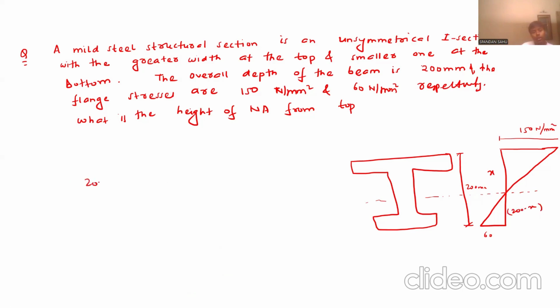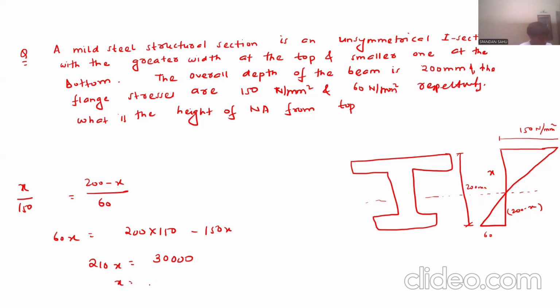So now (200 minus x) upon 60 will be equal to x upon 150. So 60x will be equal to 200 into 150 minus 150x. So 210x will be equal to 30,000.